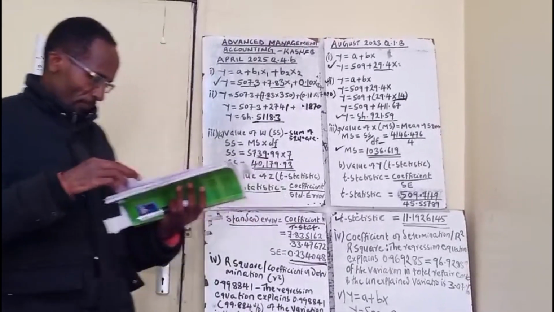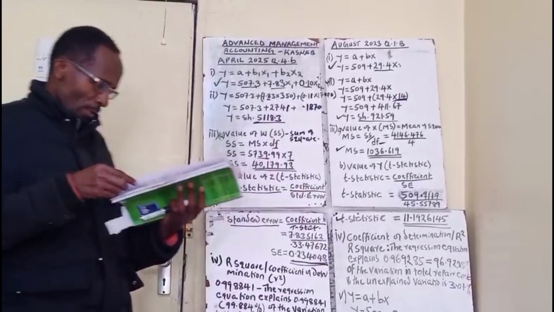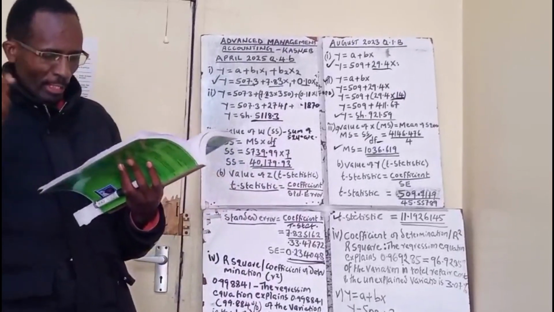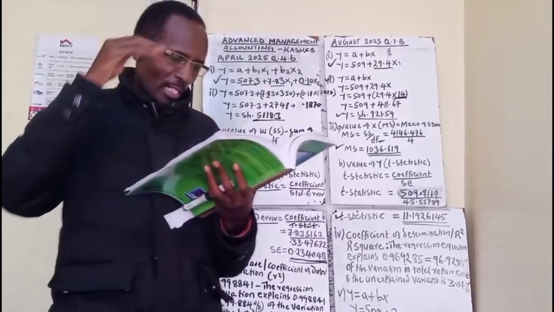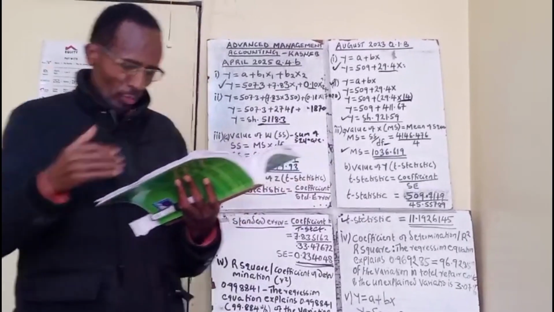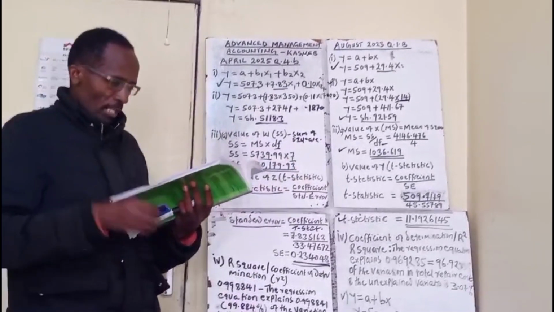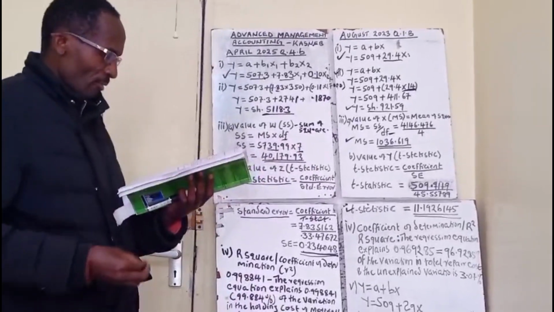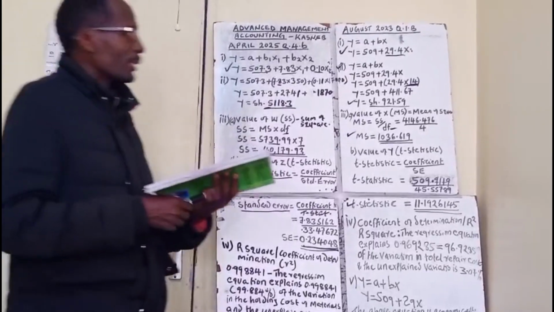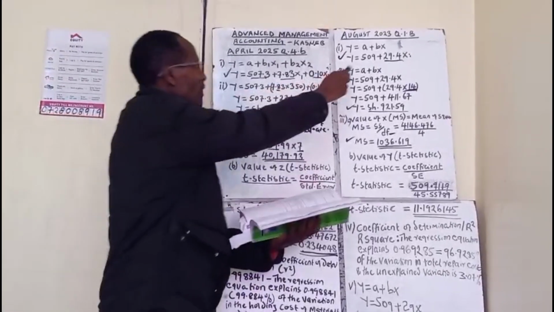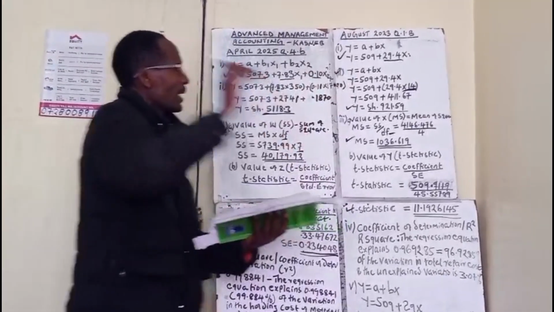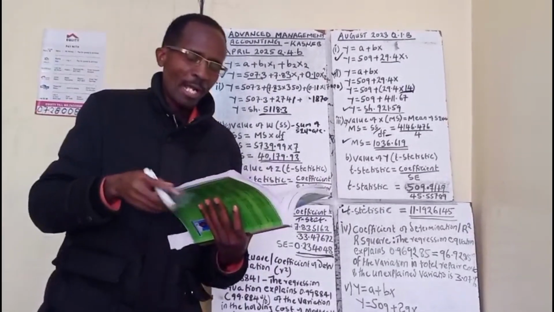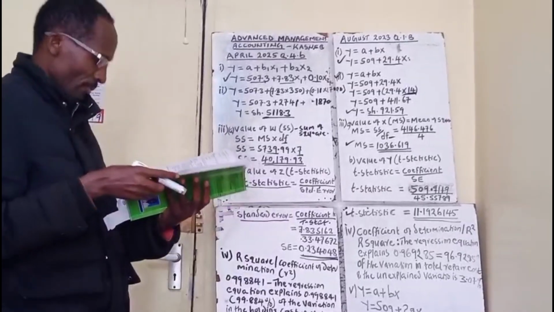So in other words, you have been given a coefficient of determination, R square, of 0.969285. This regression equation explains the variation in what you have on the y-axis.